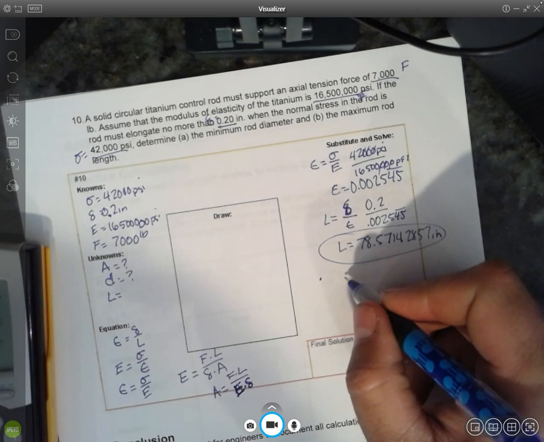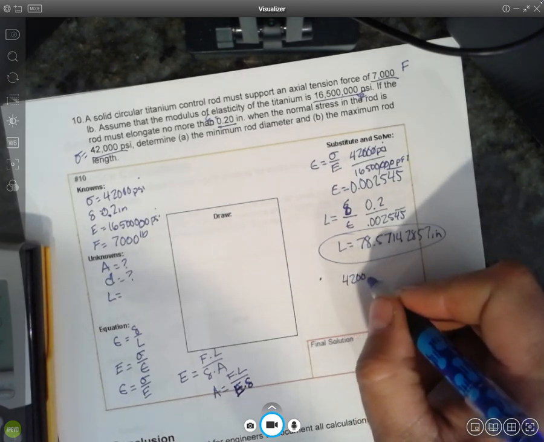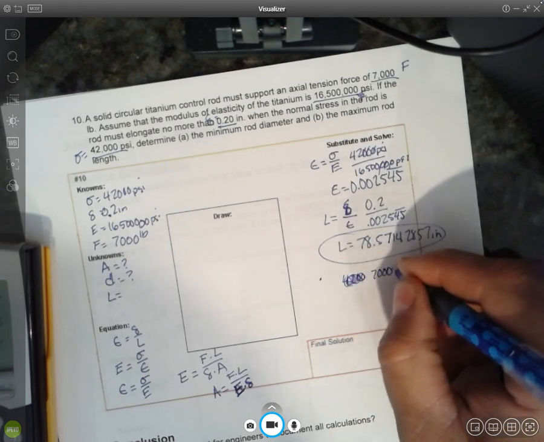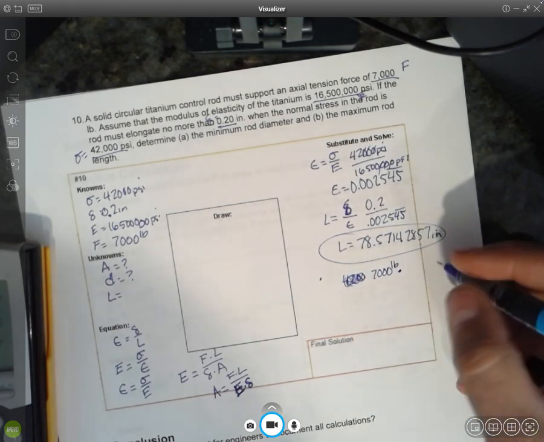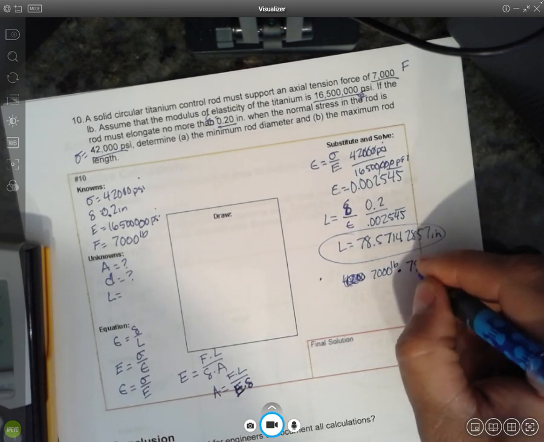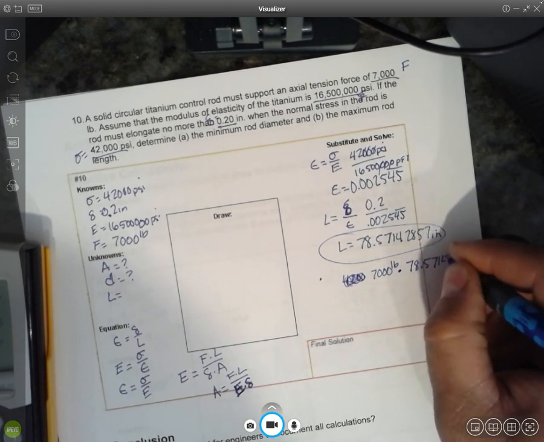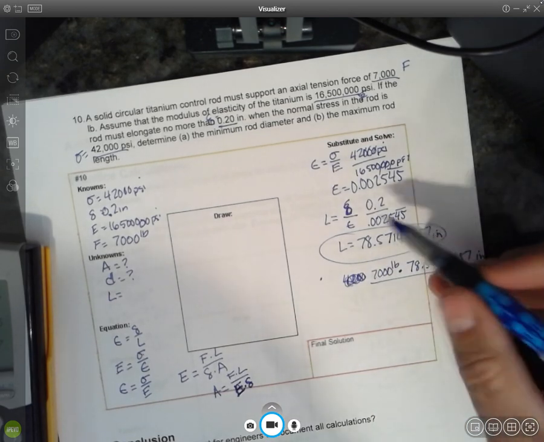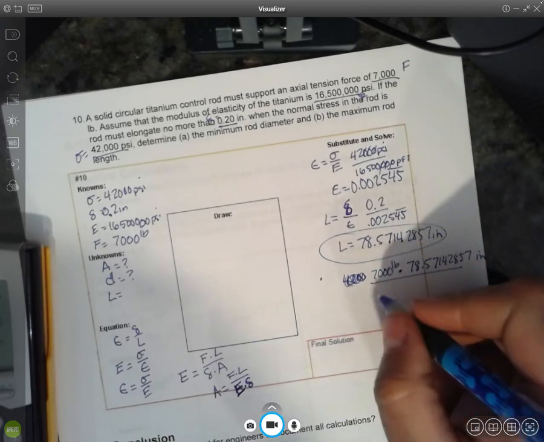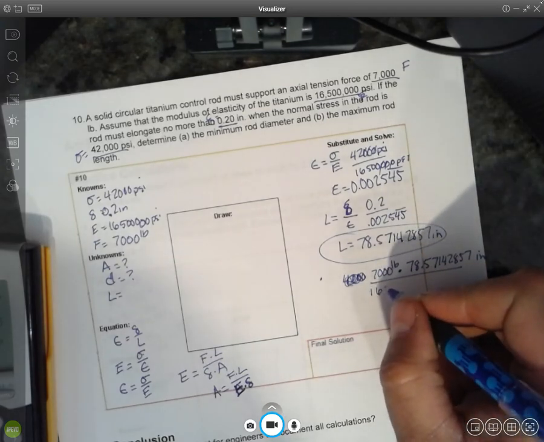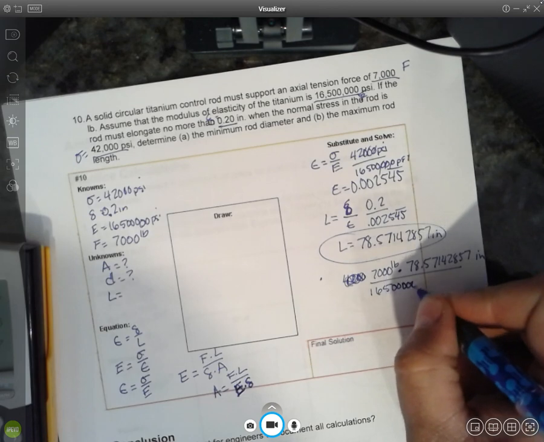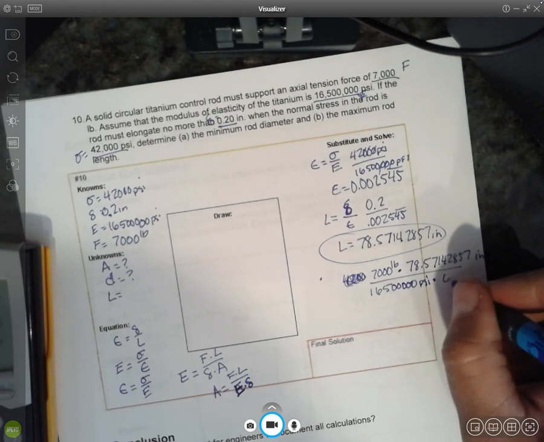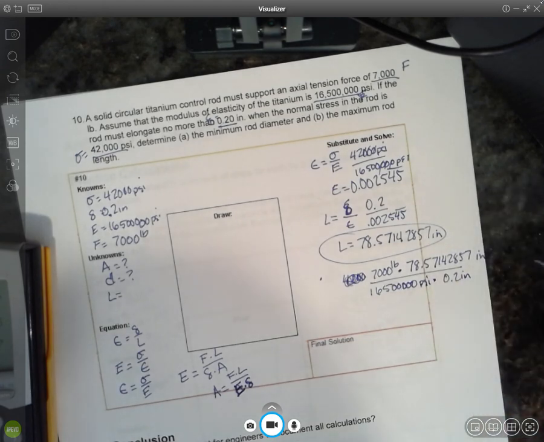So force is 42,000, no, force is 7,000 pounds. Times the length, we just said 78.57142857 inches divided by the 16,500,000 psi times the deformation, 0.2 inches.